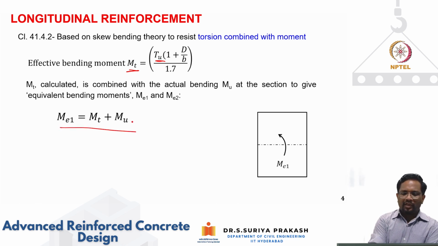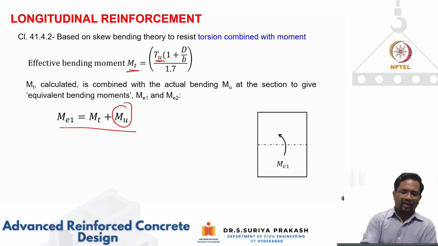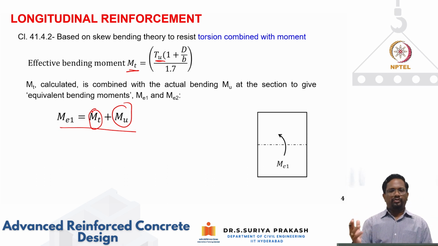You can see that Mu is the flexural moment that you get from your analysis. In addition to that, the code is saying that I'm having additional tension at the bottom, right? So I have to account for it by converting the torsion into an equivalent bending moment Mt and adding it to the demand, and then you design it like you do for flexure. So that is your Me1.